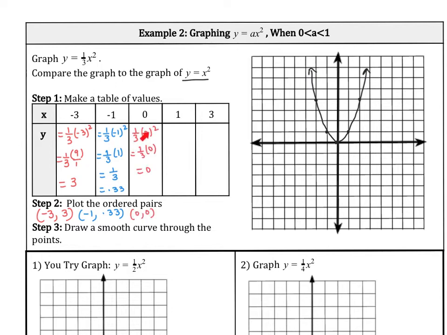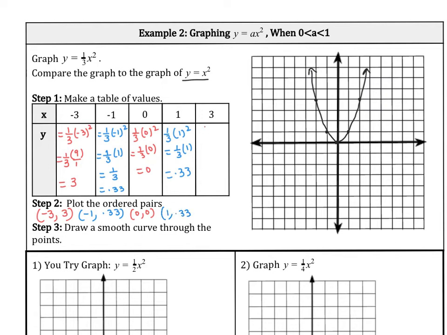When I plug in 0 for x value, 1 over 3 times 0 is 0. So the answer is 0 comma 0. When I choose x equals 1, you put the x value as 1 in here. You get 1 over 3 times 1, so that is 1 over 3, and that point is 0.33. So the next point is 1 comma 0.33.